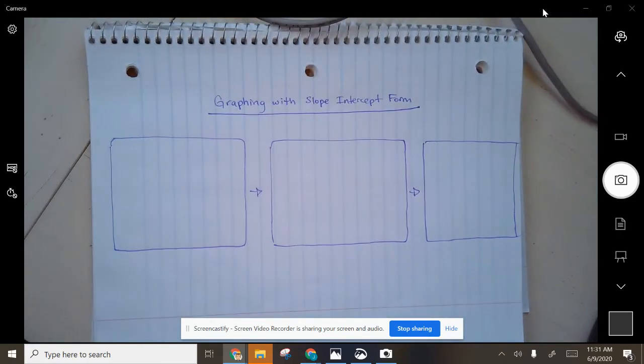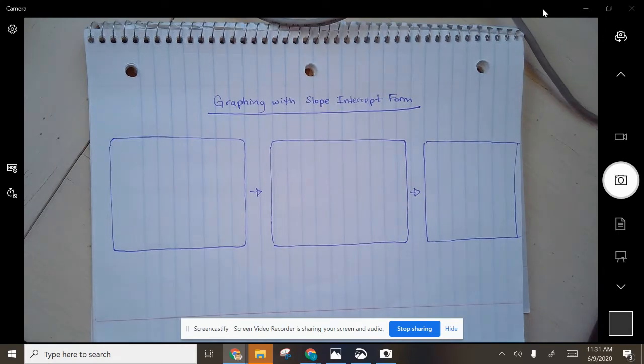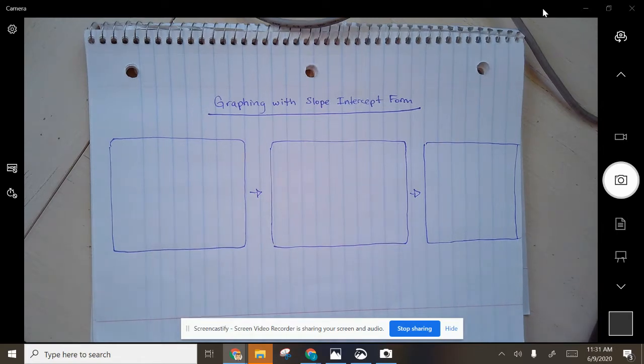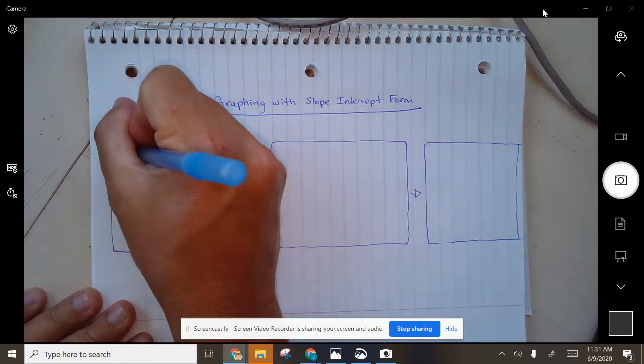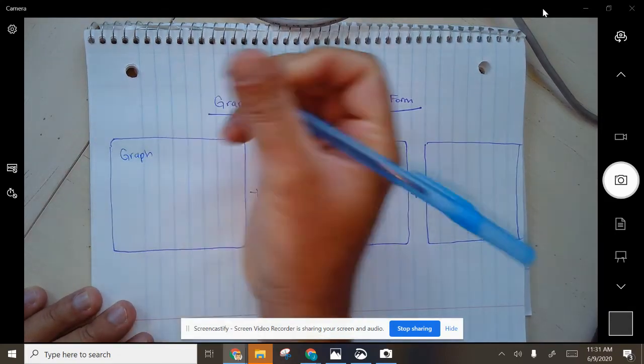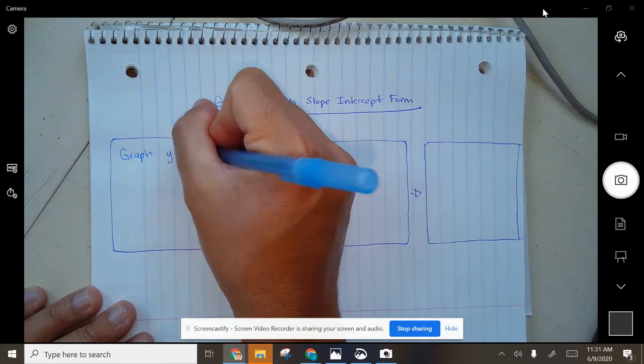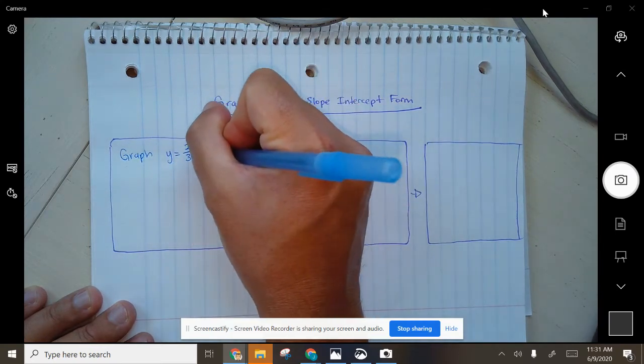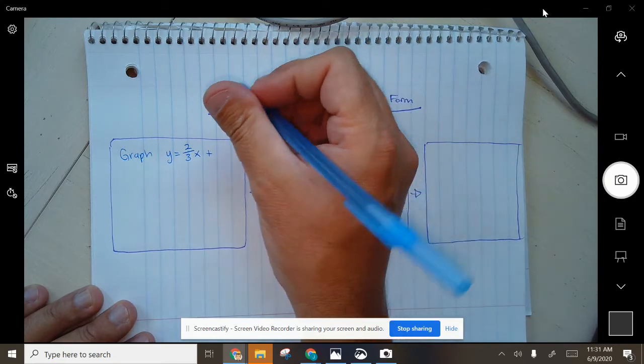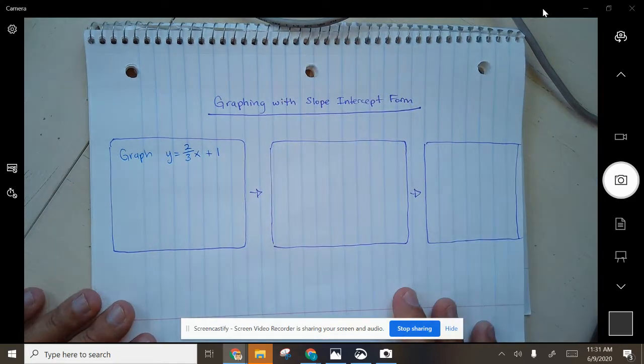Now, for dealing with this, I'm going to use a different marker. I'm going to show you, it's going to say graph y equals 2 over 3x plus 1, okay?